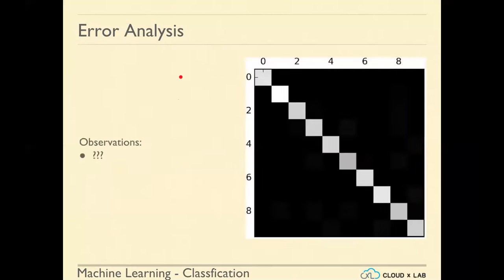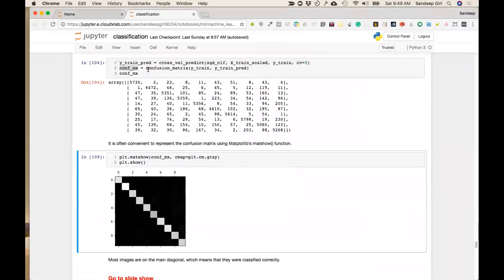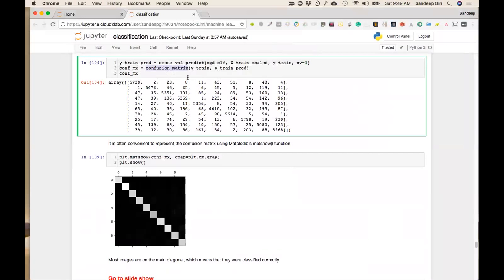Let me show you what it means here. You can see the confusion matrix here. We are passing y_train and y_predicted. This is the actual value and this is the predicted one.